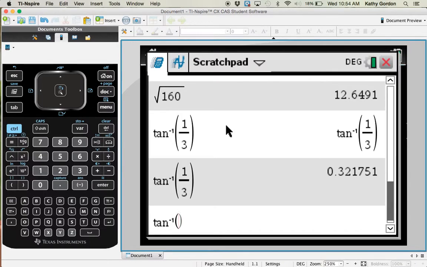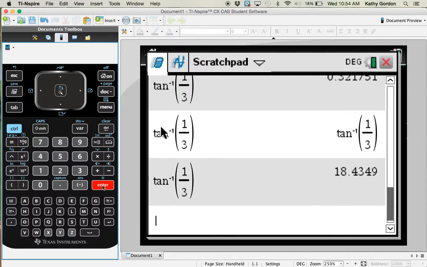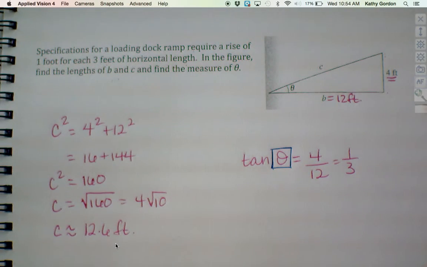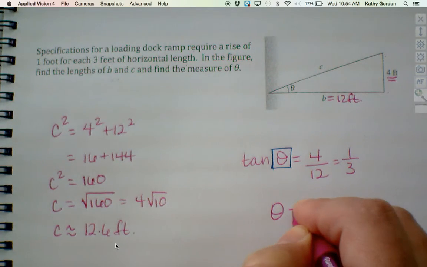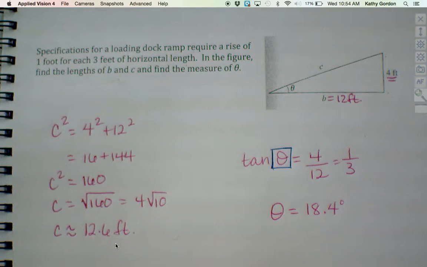Hello, there we go. 1/3. Hit enter this time. Hit my Control Enter for an approximate, and now I get the 18.4, which makes a little more sense. So as a degree angle, my theta would be about 18.4 degrees.